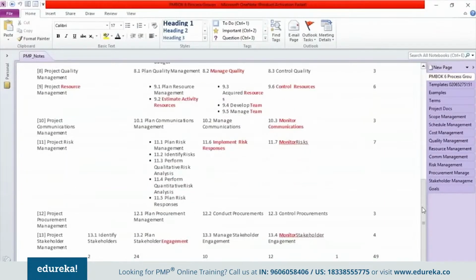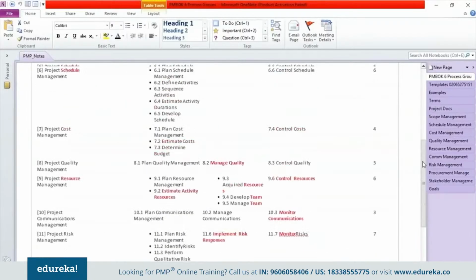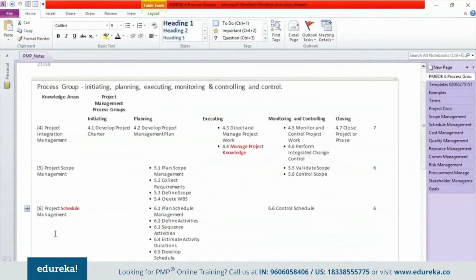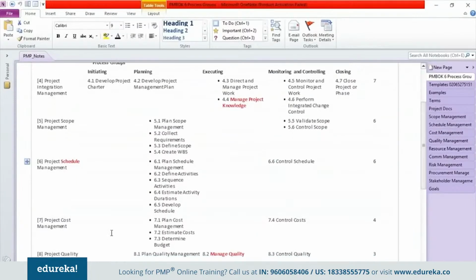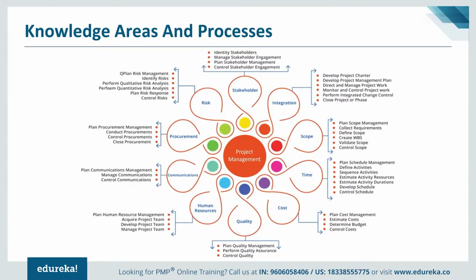This is where all of the process groups and the processes come into the picture. There are a total of 49 of them and 10 knowledge areas, and within each of these process groups there are various processes which cut across multiple knowledge areas.